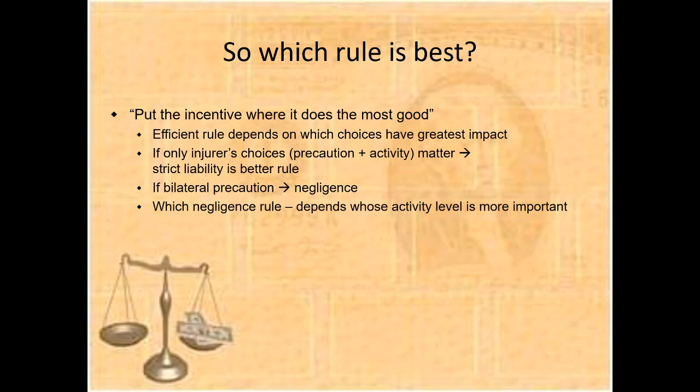Whichever rule we talk about, like a liability rule or negligence rule, within the liability rule whether it is strict liability, strict liability with the defense of contributory negligence, or the other negligence rules like comparative and simple negligence.